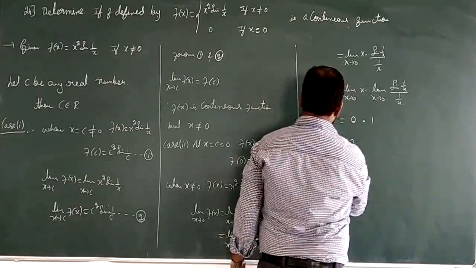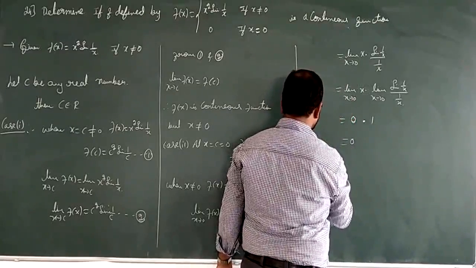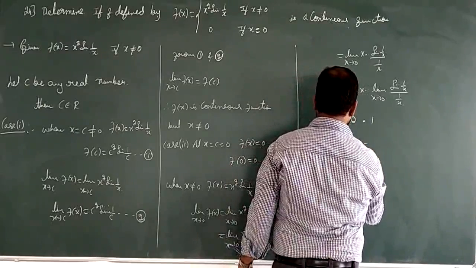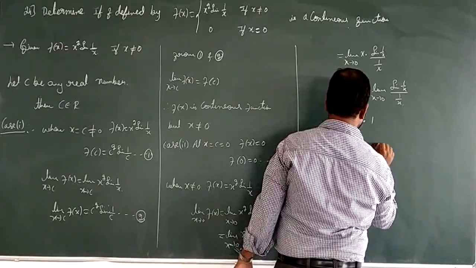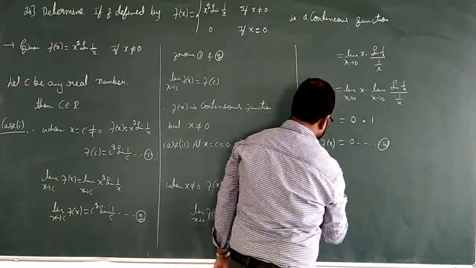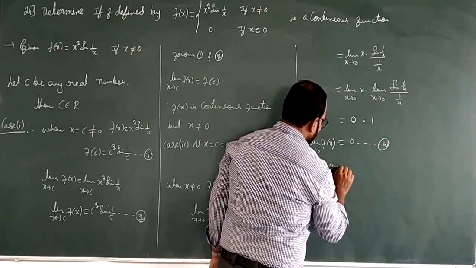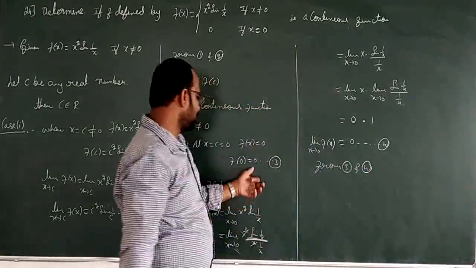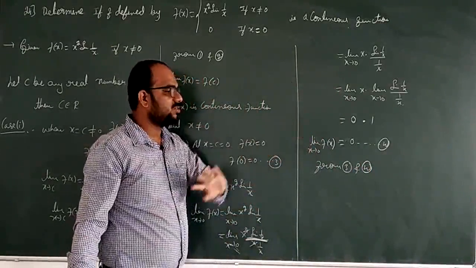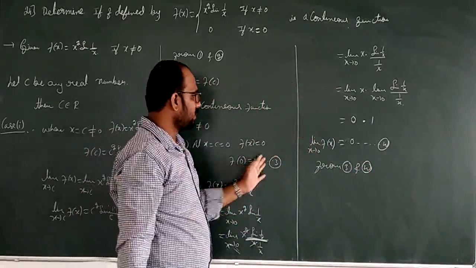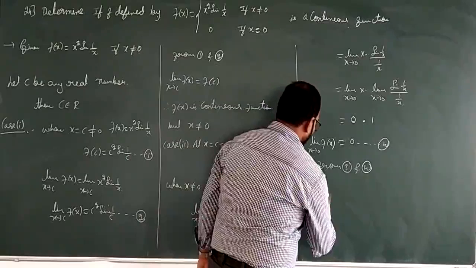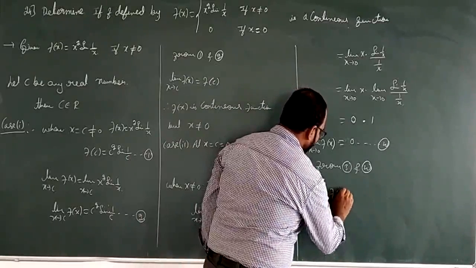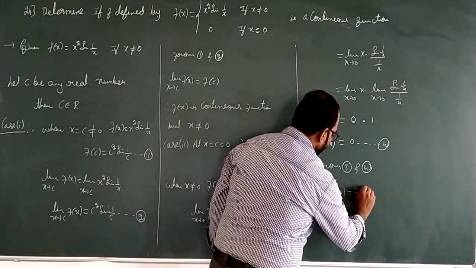This is limit x tends to 0 f of x. This is called equation 4. From equation 3 and 4, equation 3 is 0, equation 4 is also 0. From equation 3 and 4, limit x tends to 0 f of x is equal to f of 0.